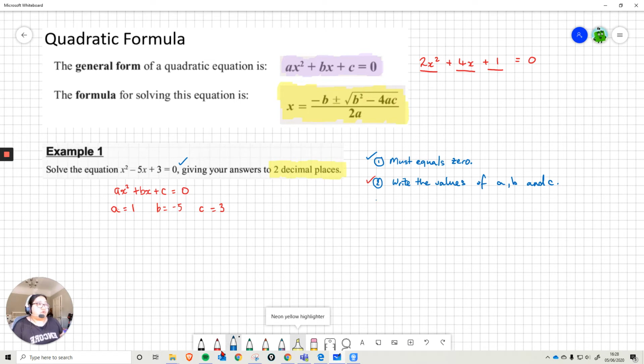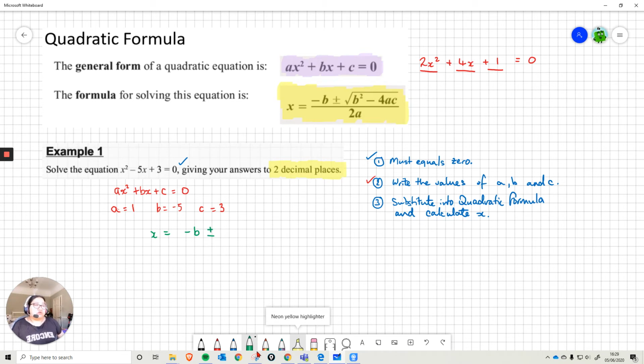And then our third step is to substitute it into the quadratic formula and calculate x. So our quadratic formula is what we've got up at the top there in yellow. x equals negative b, and then there's this symbol, plus or minus.